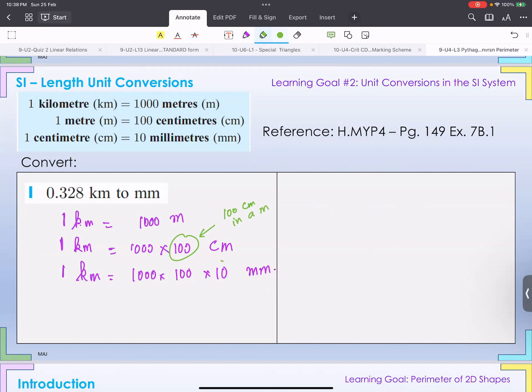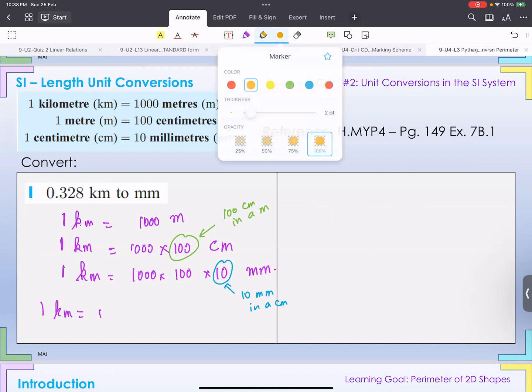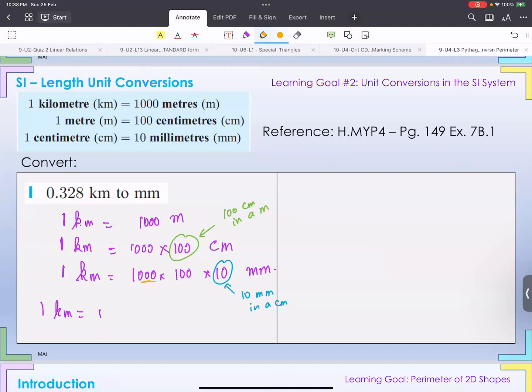Okay, and this is coming because there are 10 millimeters in a centimeter. Right, and so basically 1 kilometer is 1. So you have 3 zeros here, 2 zeros here, and 1 zero there. So that is 3 plus 2, 5 plus 1, 6. So 1 followed by 6 zeros.